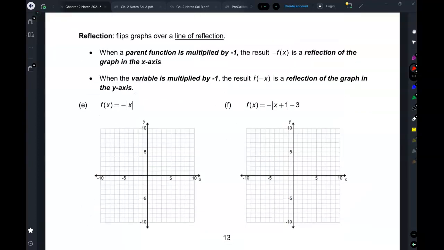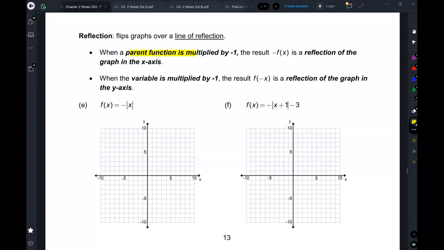Reflection. When you have a reflection, the graph basically flips over a line of reflection. But I never say the graph flipped. That is not what a sophisticated math student would say. We would always say there is a reflection around the x-axis. Okay? So, or the y-axis.